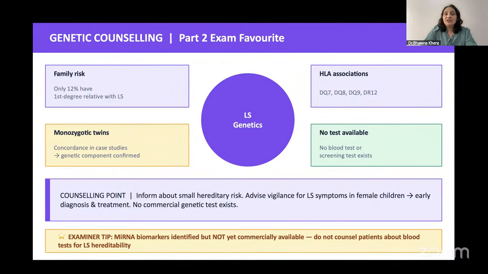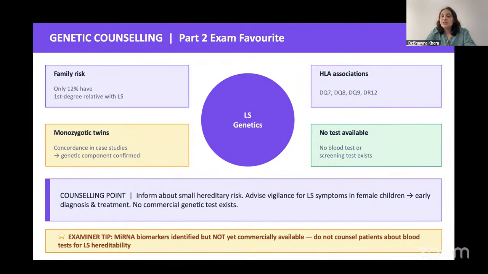Now, this is genetic counseling, a new thing, part 2 exam favorite. So family risk: about 12% will have a first degree relative with lichen sclerosus. Monozygotic twin concordance in case studies has been seen, and we therefore know that there is certainly a genetic component to it.